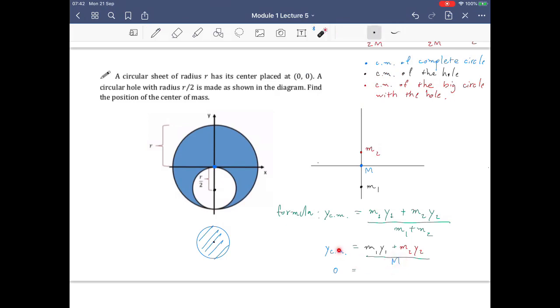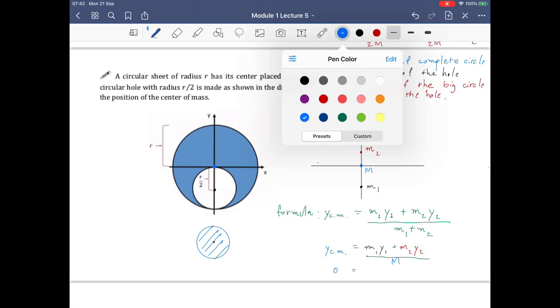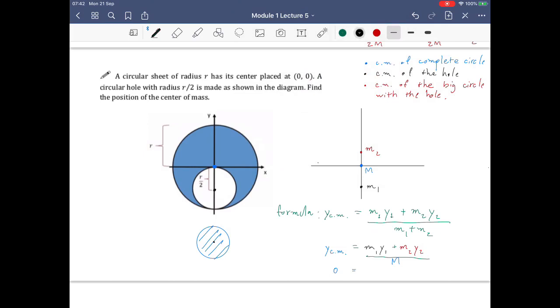Then because you move this M up here, this M multiplied with 0 gives you 0, so what you have left there is just m1.